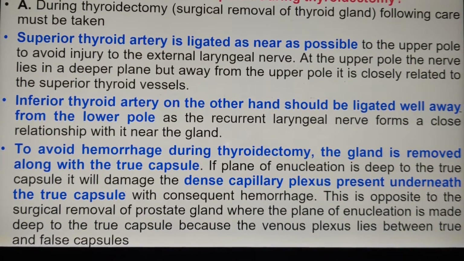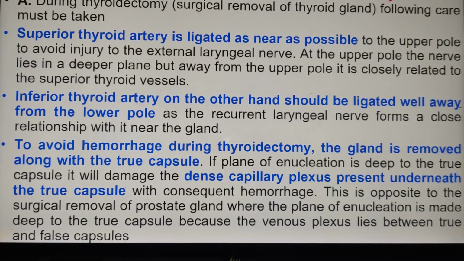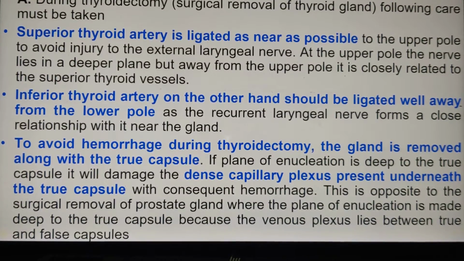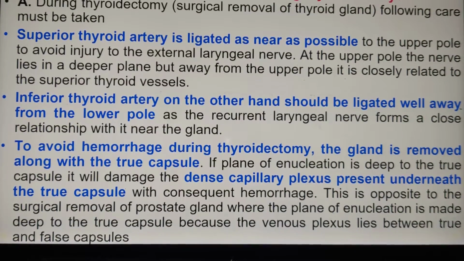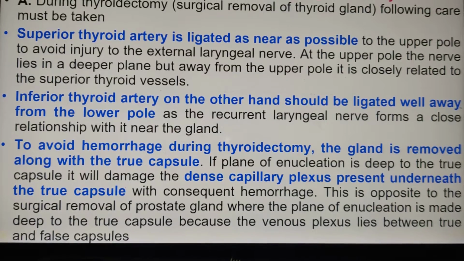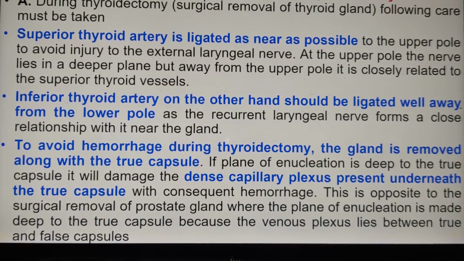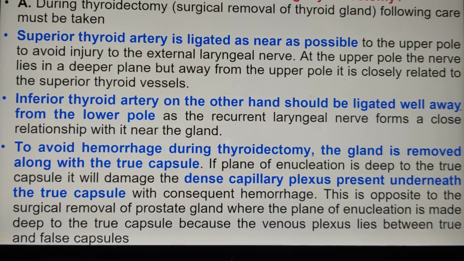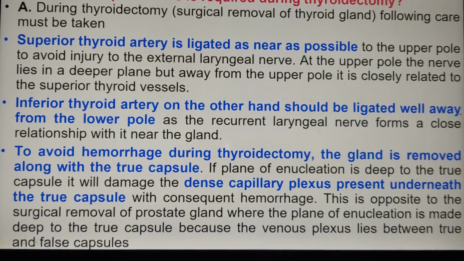The superior thyroid artery is ligated as near as possible to the upper pole to avoid injury to the external laryngeal nerve. The superior thyroid artery runs along with the external laryngeal nerve, and they go away from each other near the gland, and that's why the artery is ligated near the upper pole.